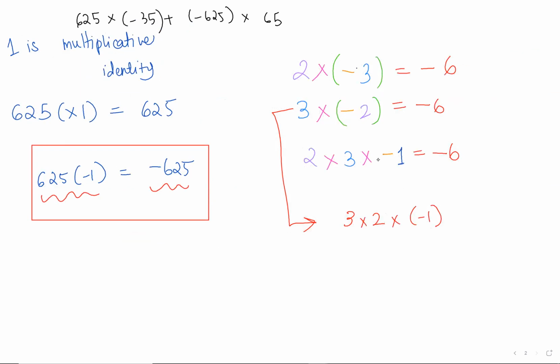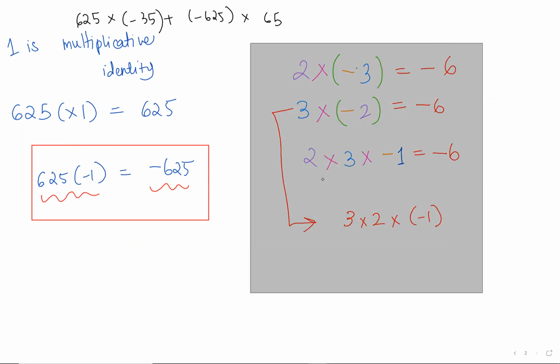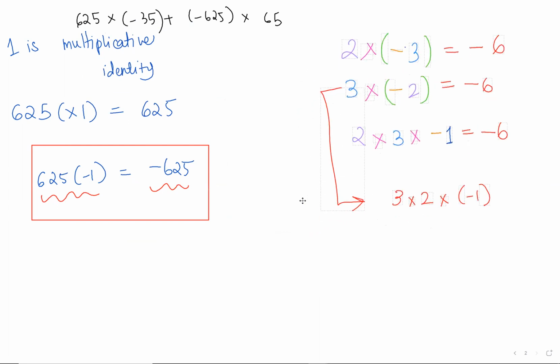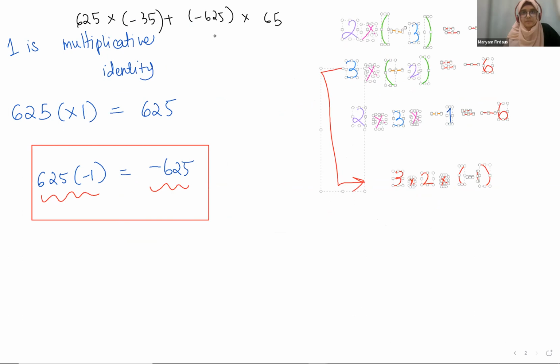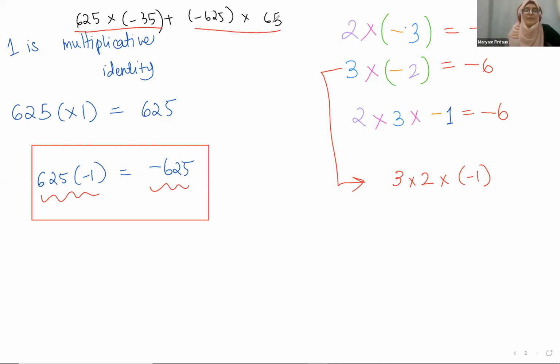But how do we have to write the 625? Okay. Minus 625. You see these two things, these are two different terms. This is one term, this is the other term. How do we know what is a term and what isn't?